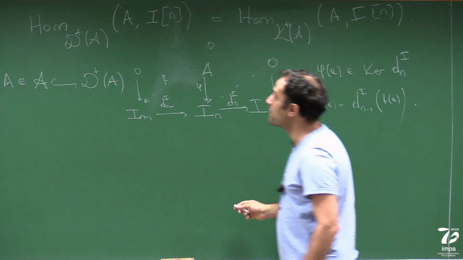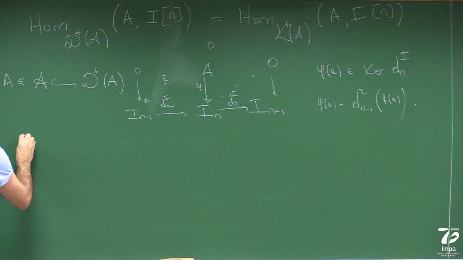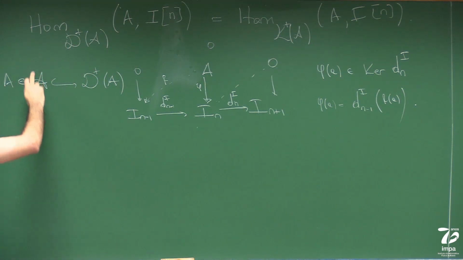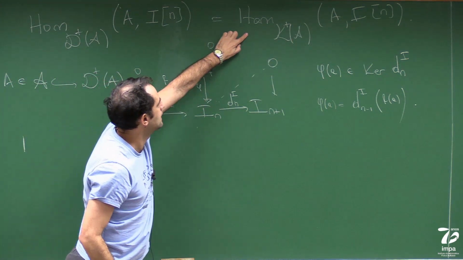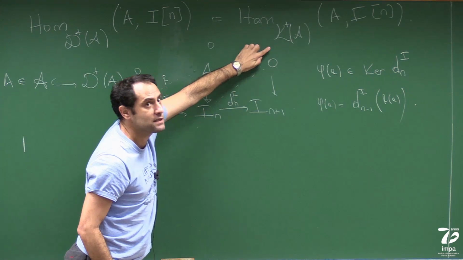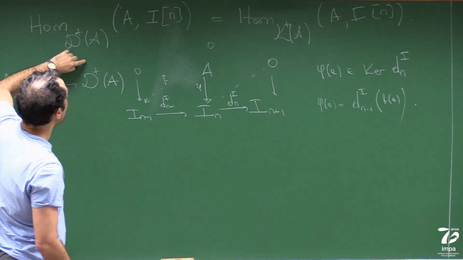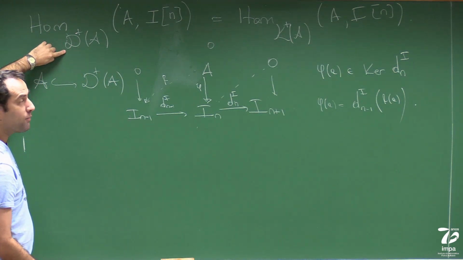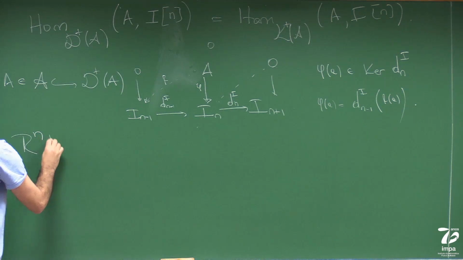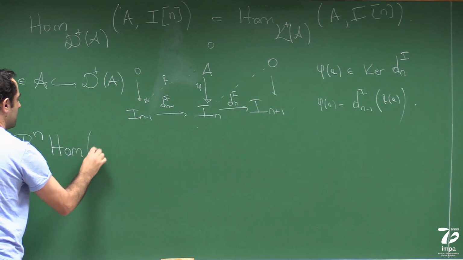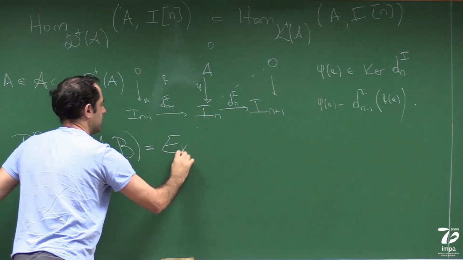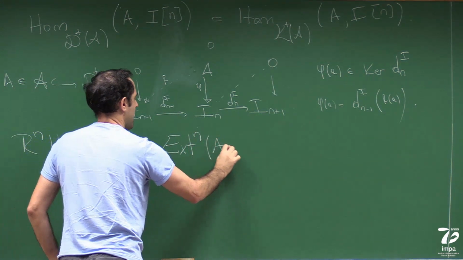So what we get from here is that this Hom in the homotopy category is the homology in degree n of this complex. In other words, we have R^n Hom(A, B), which is Ext^n(A, B).